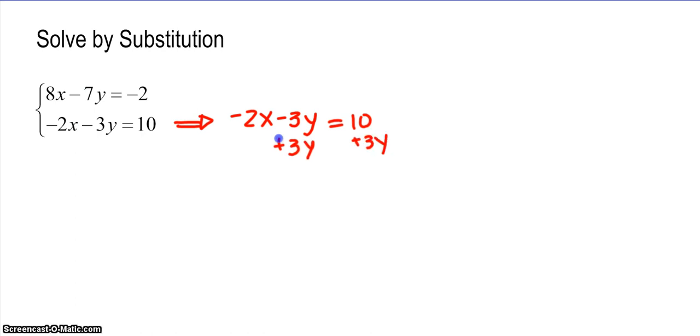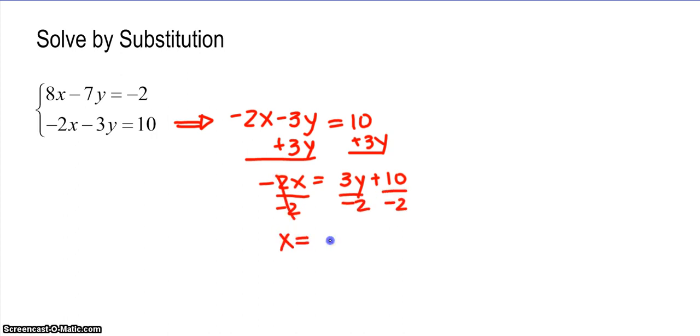So that means I'm going to have to add 3y to both sides. And after I add the 3y to both sides, I divide everything by negative 2. So we end up with x equals negative 3 over 2 y minus 5. So now I have an expression that x is equal to.